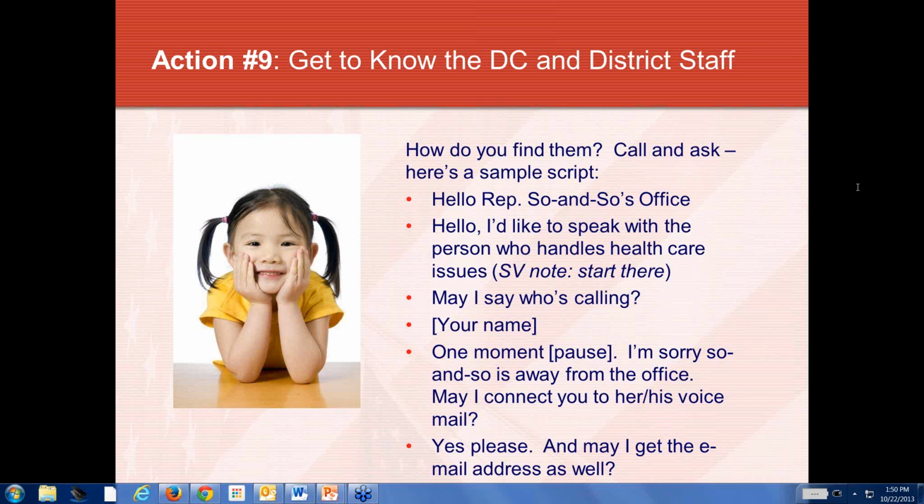People always get nervous about talking to their legislators, but it's really like talking to any other human being. And believe me, if you've had problems with getting certain benefits in place or getting certain coverage or getting a certain access to a certain kind of care, talking to your legislators will be a much more positive experience. So I know you can do this. But basically, here's a script.